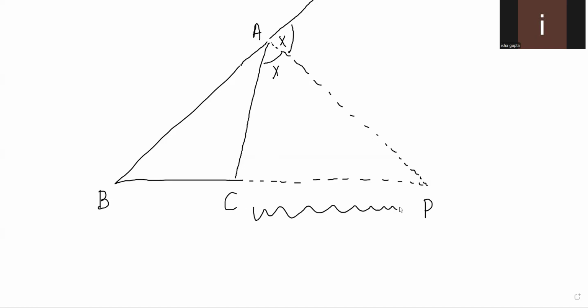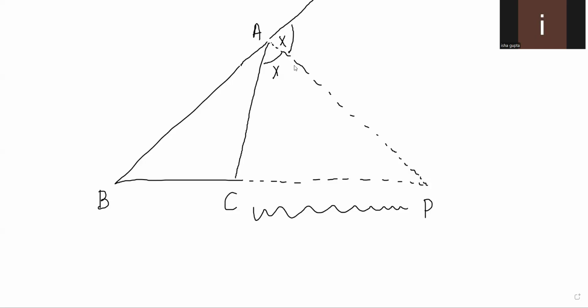Are you understanding what I'm saying? So we have this situation, and we know that these two angles are equal, and we can call them x and x. We need the ratio of PB and PC, and want to prove that it is equal to AB and AC. I need the side PC somehow, so I'll apply sine rule in this triangle.